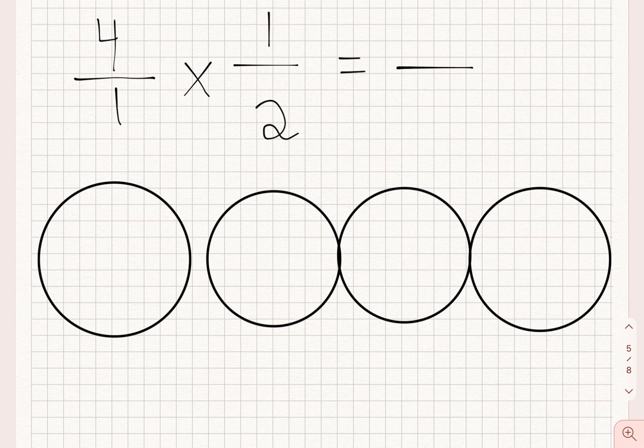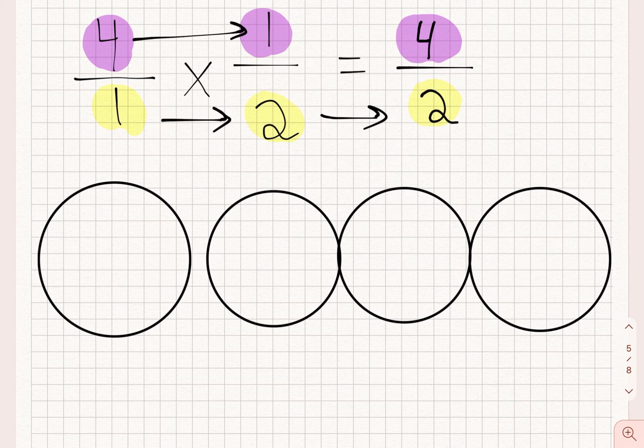And again, when I'm multiplying fractions, I just multiply straight across. So 4 times 1 equals 4. And 1 times 2 equals 2. So my answer is 4/2.